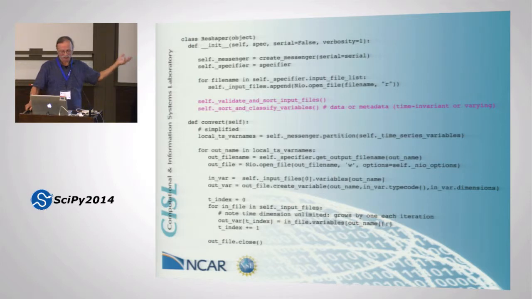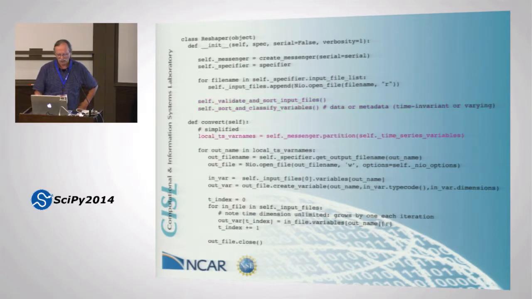I'm not putting the stuff that creates the dimensions and the attributes in the netcdf file, or reads them from the original file. But there are a lot of subsidiary variables that are really metadata that have to go into every file. So it classifies them by whether it's a variable that goes into every file or it's the main subject variable for this particular file.